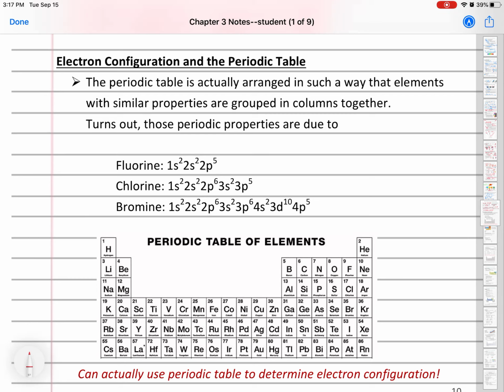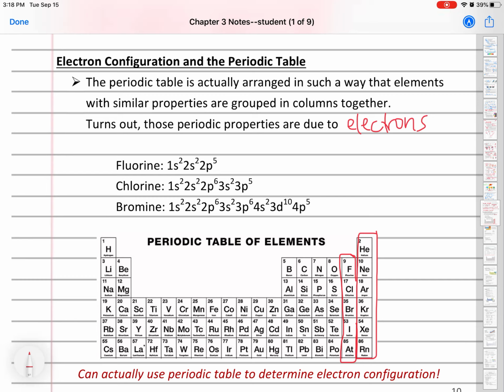Originally, when people were building this periodic table of elements, Mendeleev, considered the father of the periodic table, grouped elements in these columns that had the same properties. And it turns out they have the same properties because they have the same electron configurations.